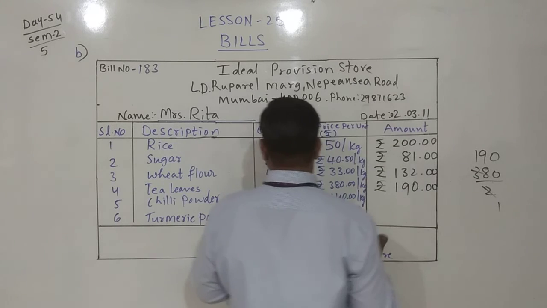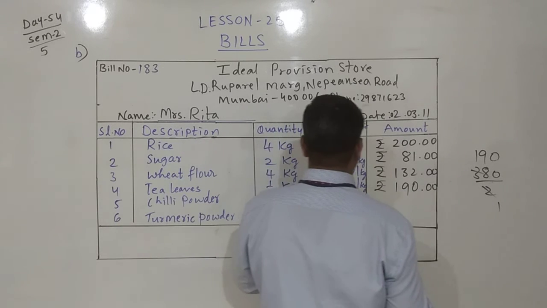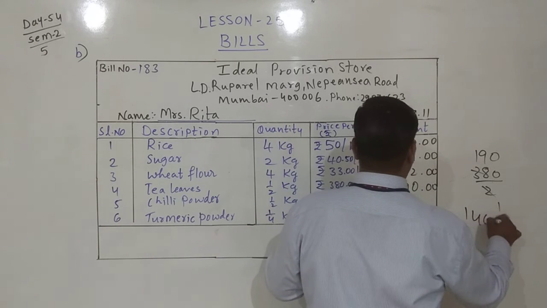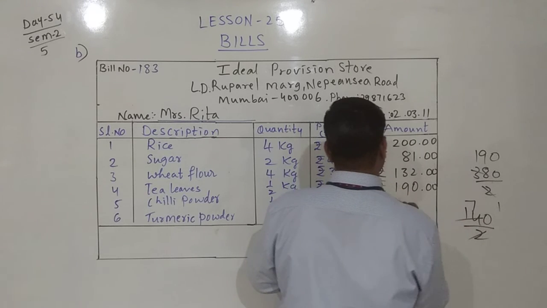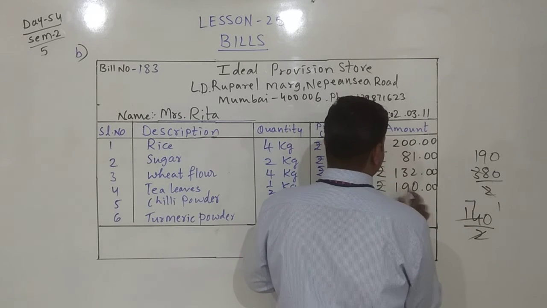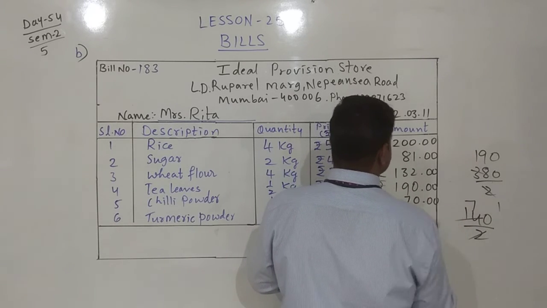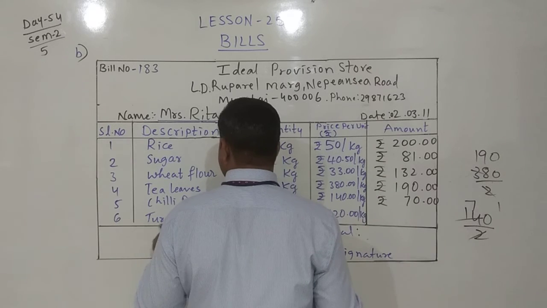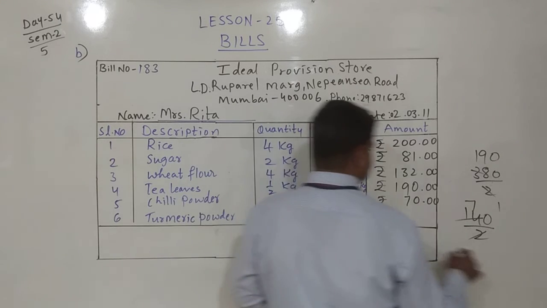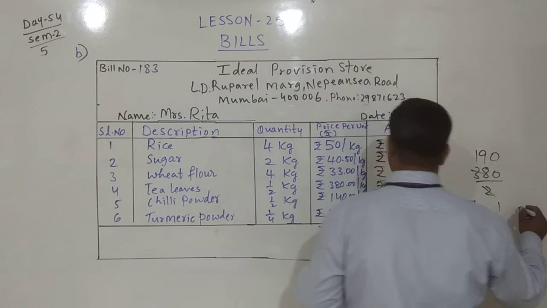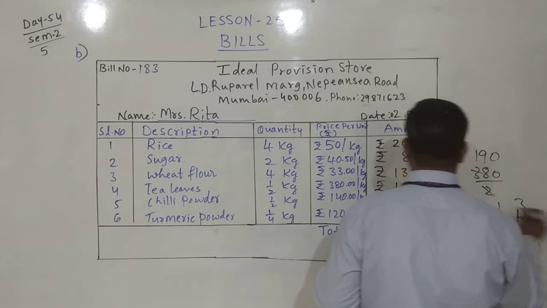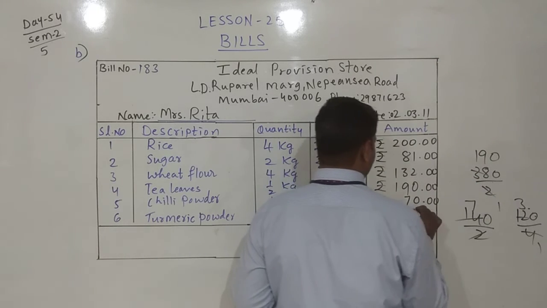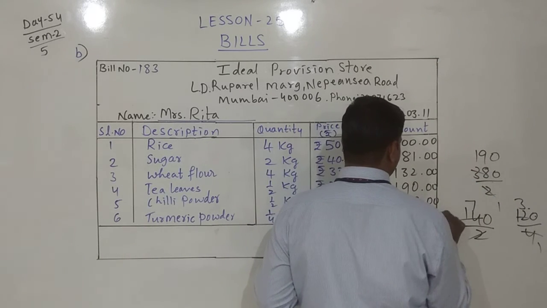Yes, half kg chili powder, 140 per kg, 70 rupees. Next, turmeric powder, quarter kg. Quarter means divided by 4. 120 by 4, 4 3s are 12, 30 rupees.